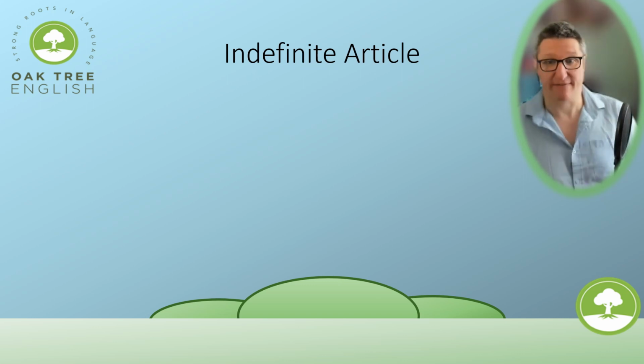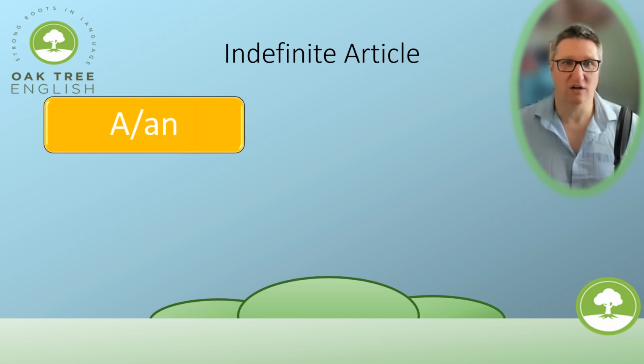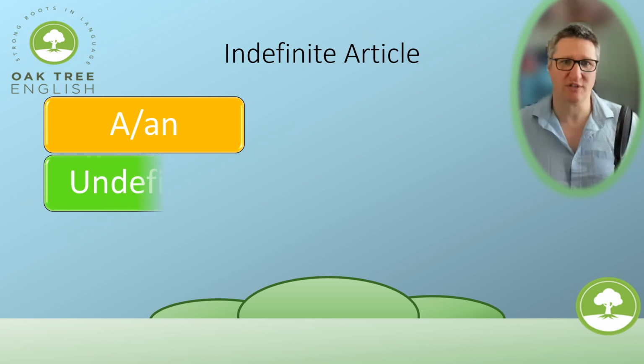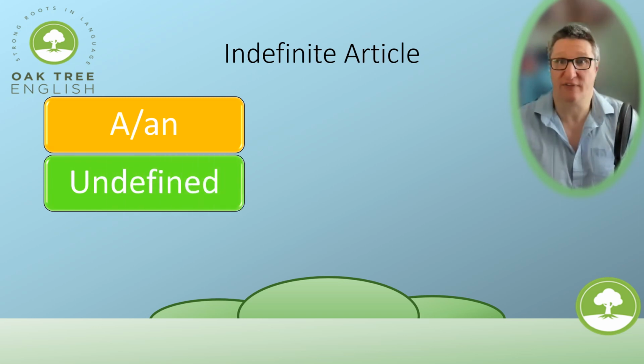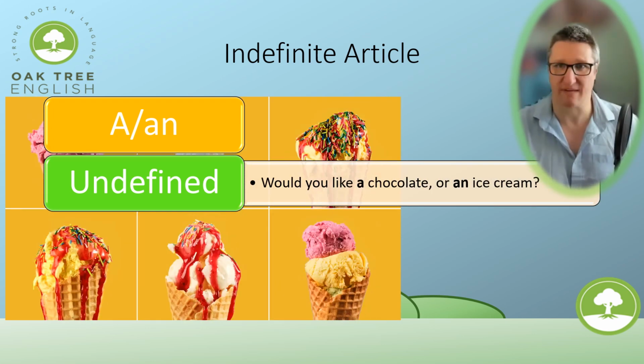On to the indefinite article. An indefinite article is either a or an, if it's followed with a vowel, A, E, I, O, U. It's used for things that have not yet been defined, often because they are mentioned for the first time. So you might ask, would you like a chocolate or an ice cream?